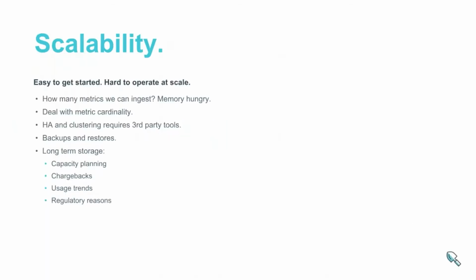As I said, Prometheus is great to get started with, just monitoring some basic stuff with Docker, Kubernetes. As our monitoring needs grow, as we collect more metrics, Prometheus can become memory hungry.